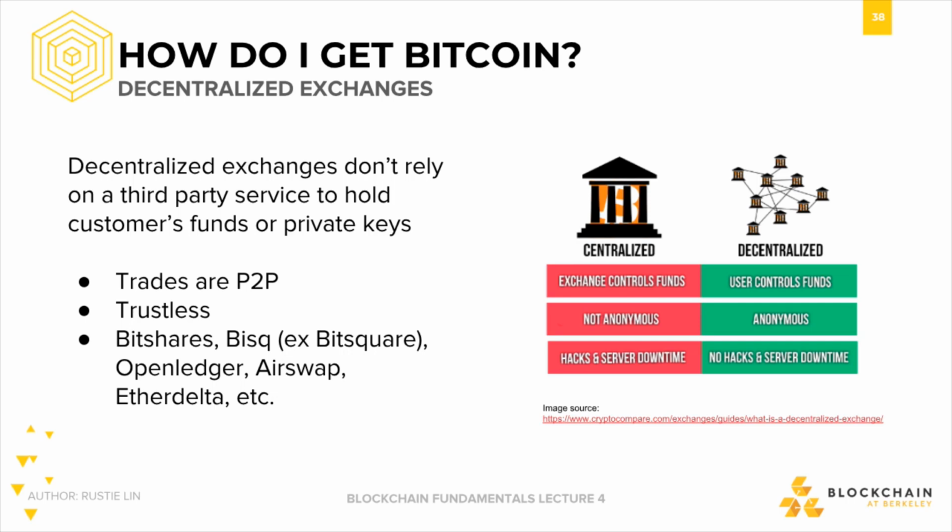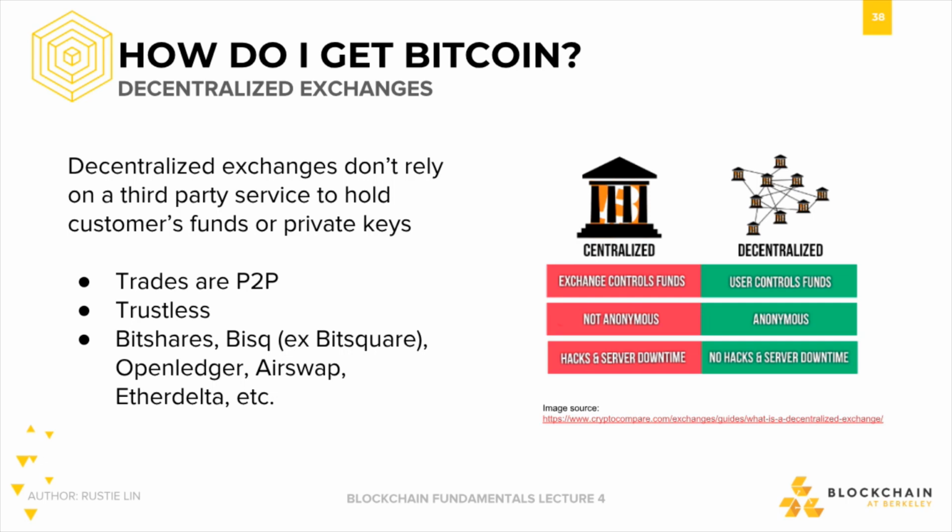And so in the spirit of decentralize everything, these things called decentralized exchanges have popped up and gotten a lot of attention too. We can think of the trades that happen on these decentralized exchanges as peer-to-peer. So you're matched directly with a person who will buy your cryptocurrency using another cryptocurrency.